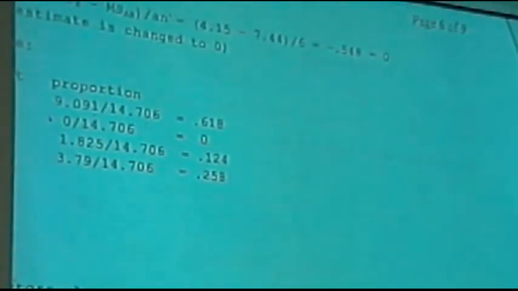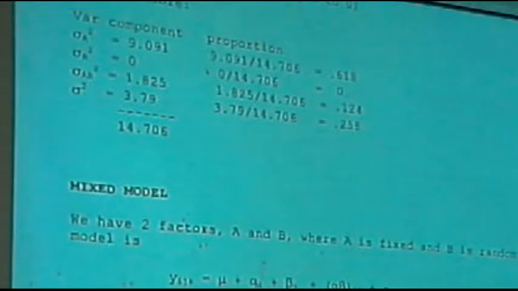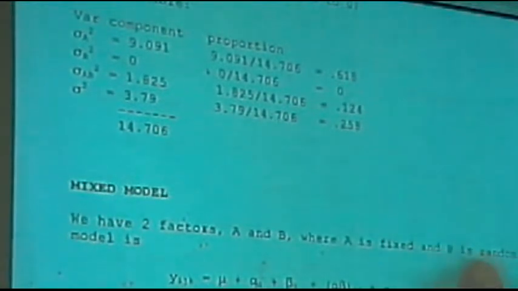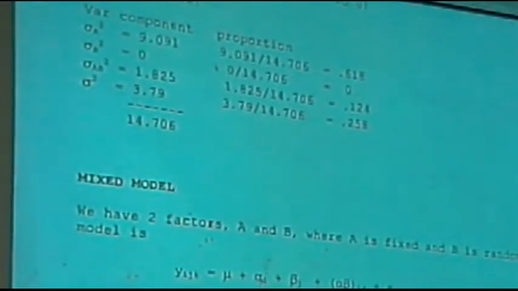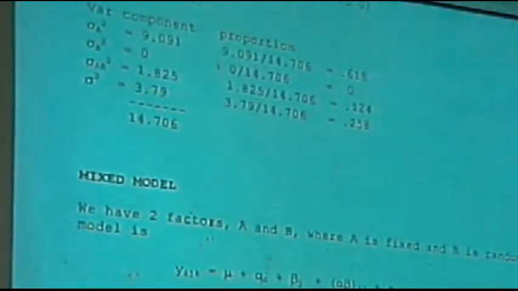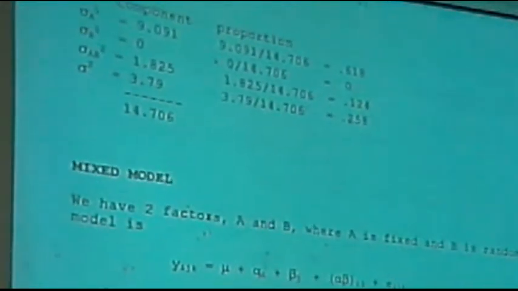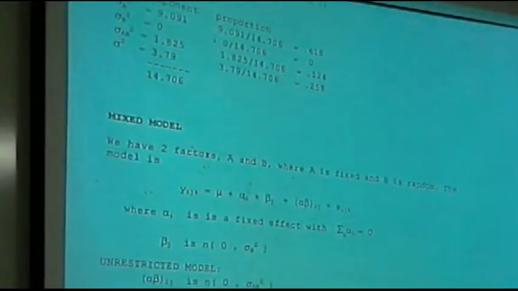Now, in this mixed model layout here, A is fixed and B is random. Okay, so here's the model. A is fixed, B is random. Okay, so here are the assumptions about the model. And I want to look at the ANOVA table.